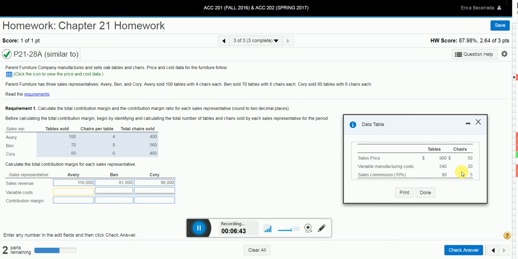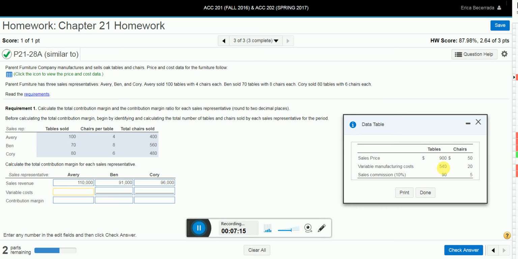Avery sold 100 tables, and we're going to multiply that by the manufacturing cost of each table, so that's 540. So he sold 100 tables times 540 is 54,000. And for his chairs, he sold 400 chairs. We're going to multiply that by the manufacturing cost of $20.